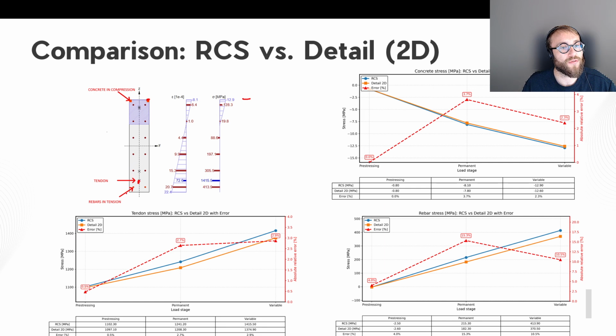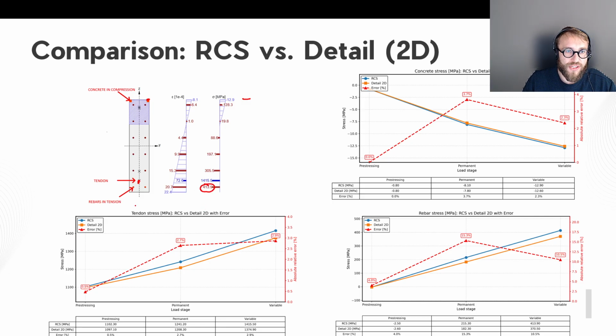And also the rebars in tension in the bottom layer. This is the most demanded part, and it is getting the biggest stress level, which is crucial.